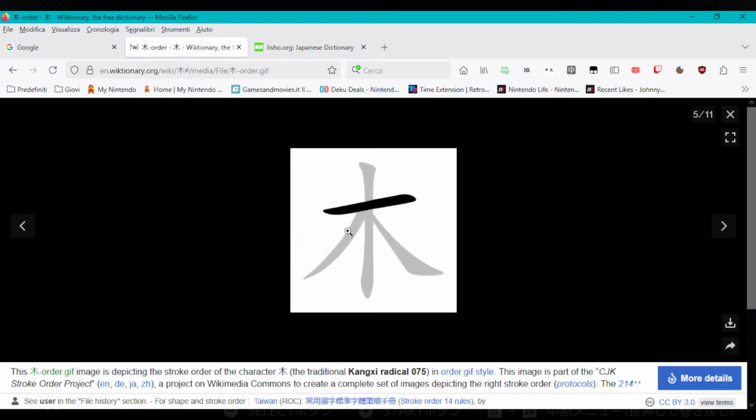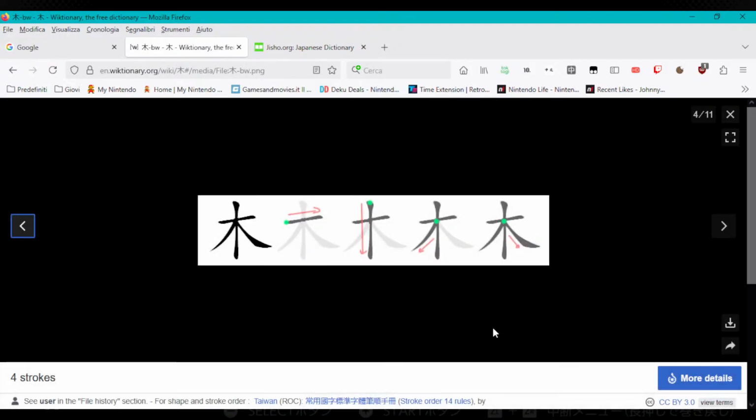First we write the one on the left and then the one on the right. As you can see also here with the arrows.